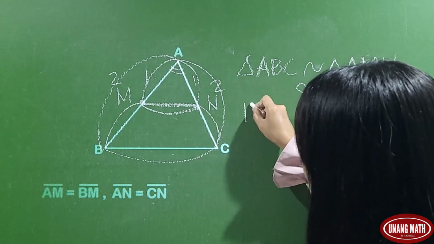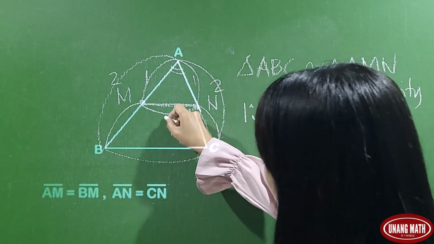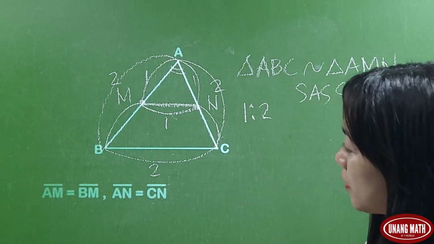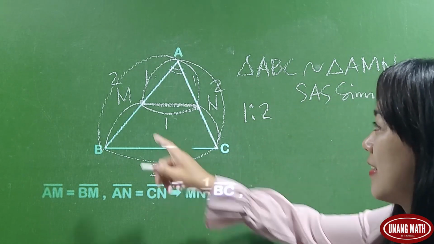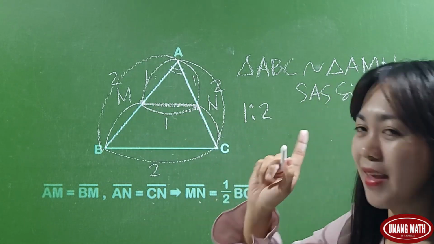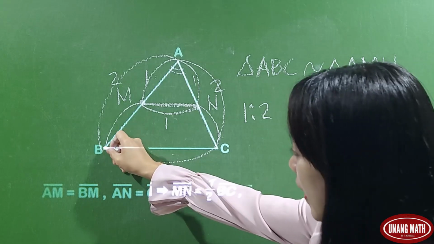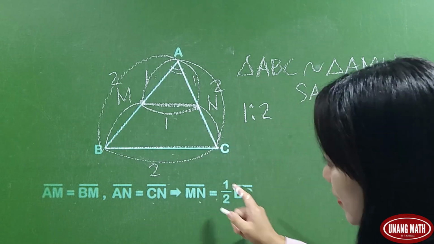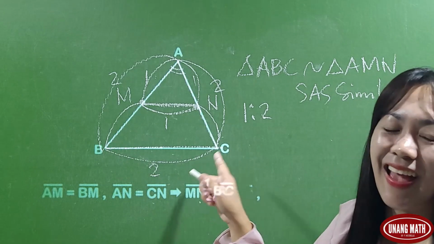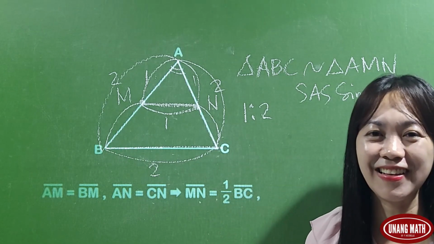So if this is 1, this is 2, so the ratio is 1 is to 2. It means that the mid-segment, segment MN, is equal to half the measure of segment BC, or half the measure of this third side of the triangle.